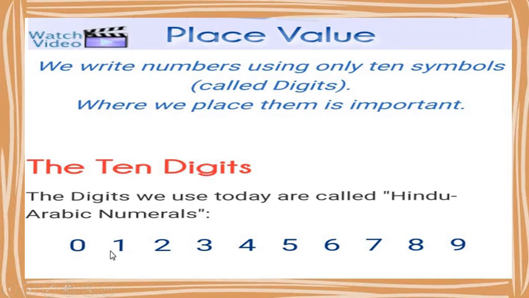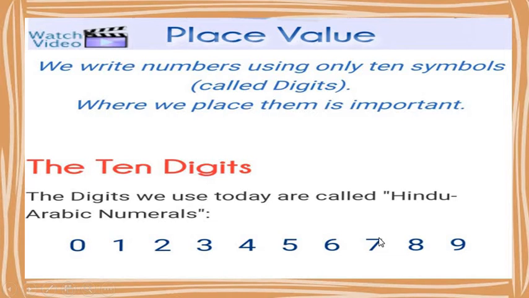Look, 0, 1, 2, 3, 4, 5, 6, 7, 8 and 9. We used to write the numbers like this, and these all numbers are alone. These all numbers stand alone.